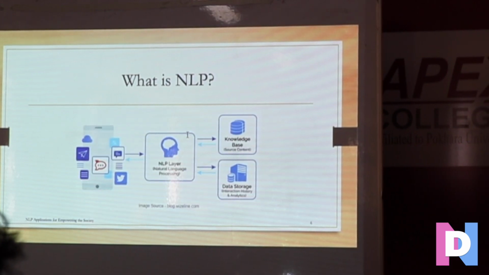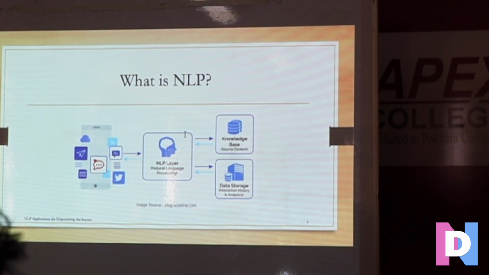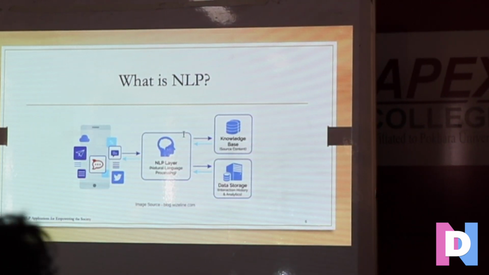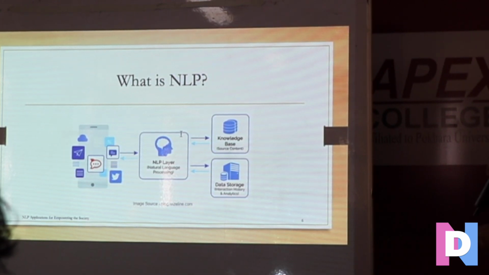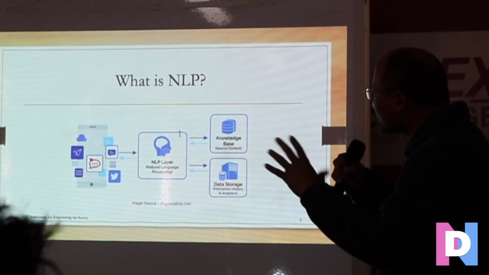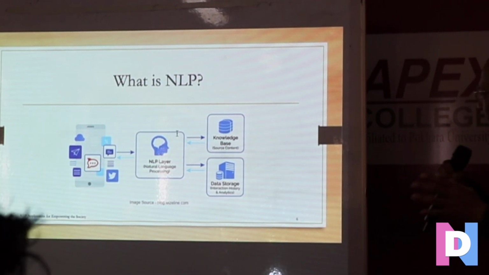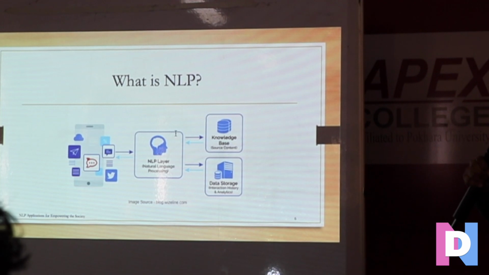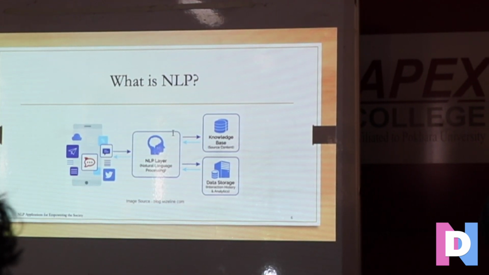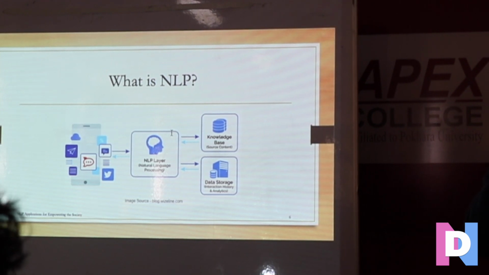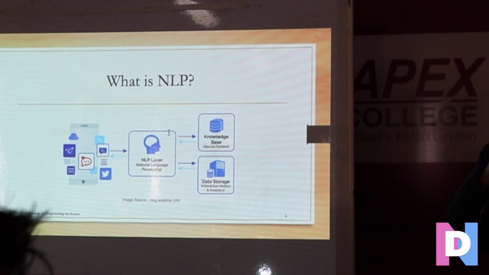Again, we are very familiar with chatbots, right? This is a very fancy application these days. Everybody is interested in developing chatbots in one form or the other. So we have these different chat applications or chatbots, and then there is this natural language processing layer, because in order to make the machine understand human language, it has to be processed in a form that a machine would understand, right?